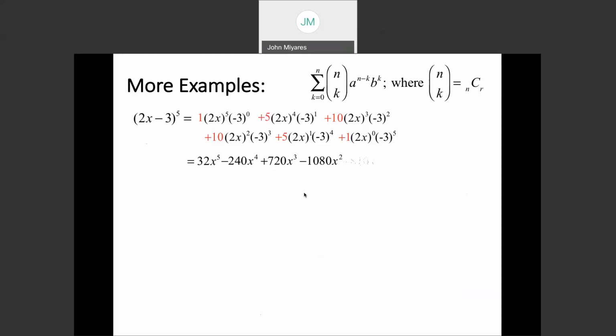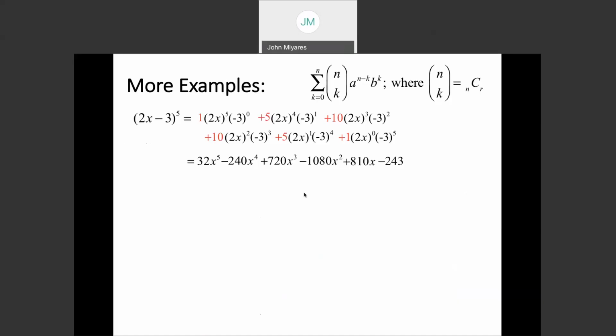Continuing, we have 5 times 2 times negative 3 to the fourth power, which is 81. So 81 times 10, 5 times 2, will be 810. Lastly, negative 3 to the fifth power is negative 243.